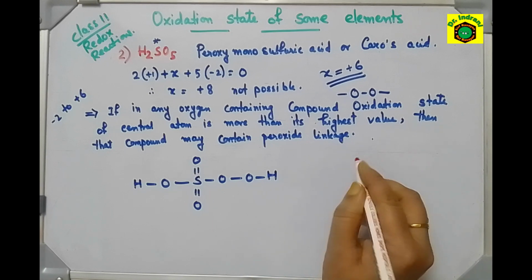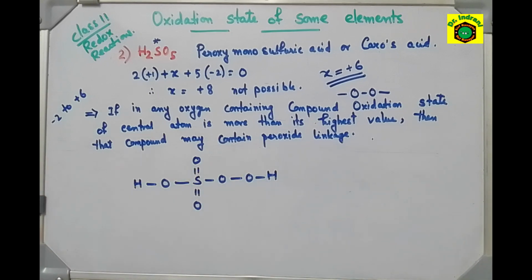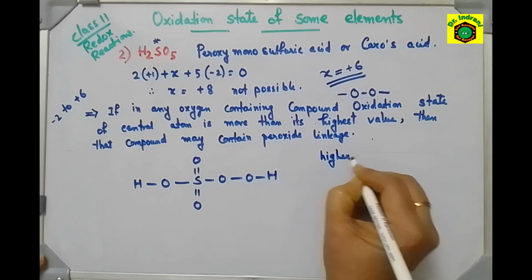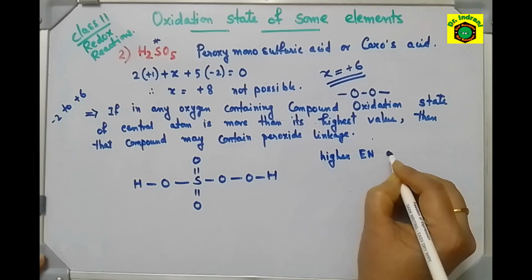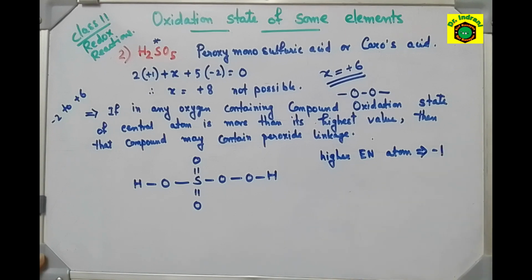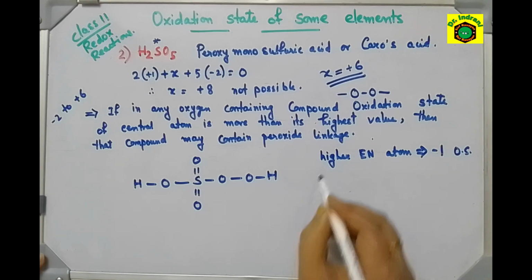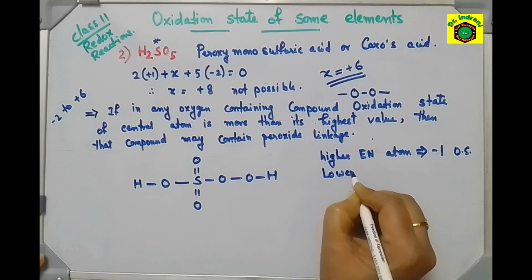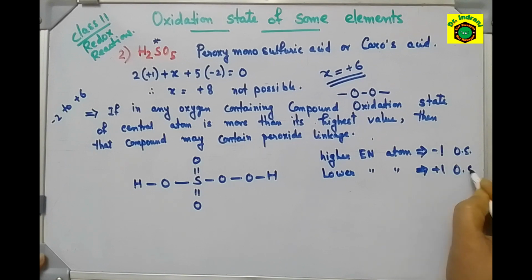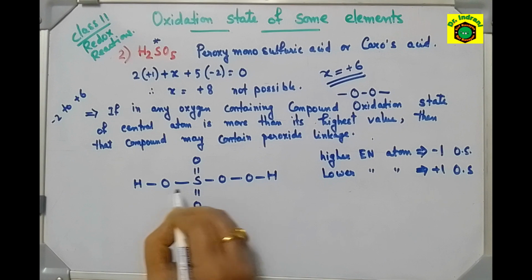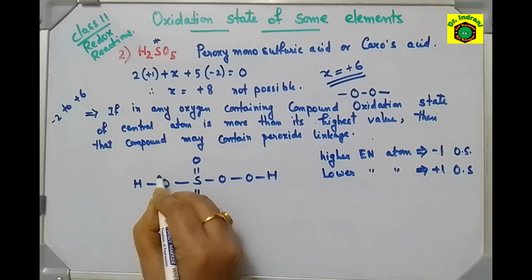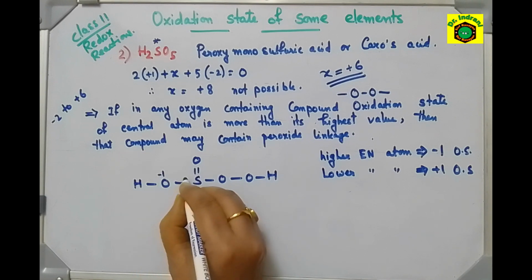So for a covalent bond, on bond breaking, the higher electronegative atom gets -1 oxidation state and the lower electronegative atom gets +1 oxidation state. So here you just see, between sulfur and oxygen, oxygen is more electronegative. So here it will get -1, and sulfur will get +1.